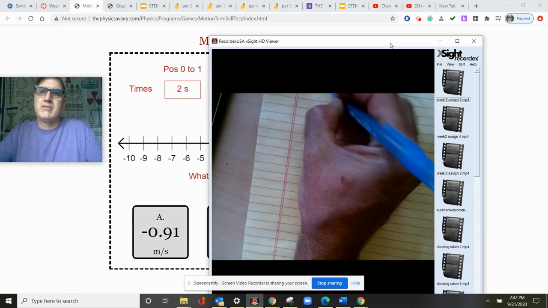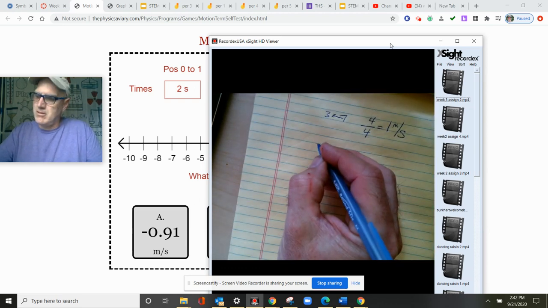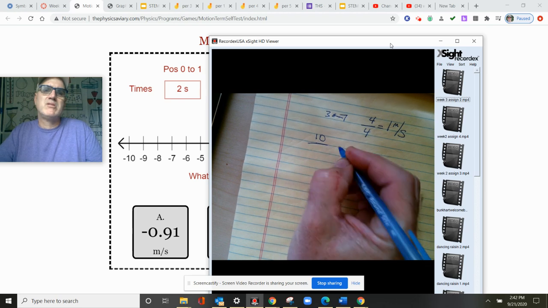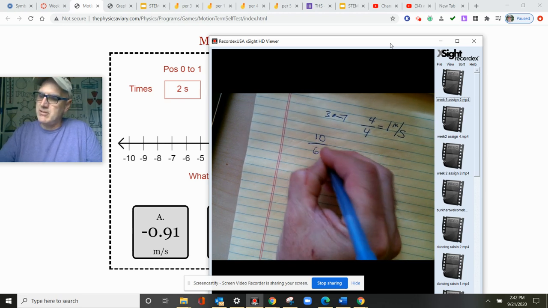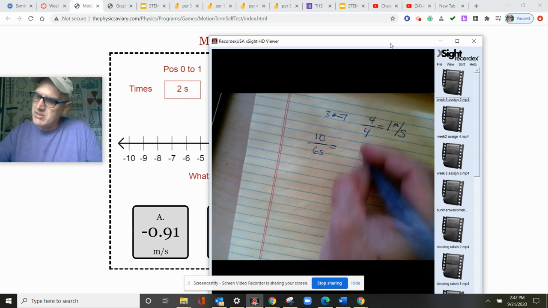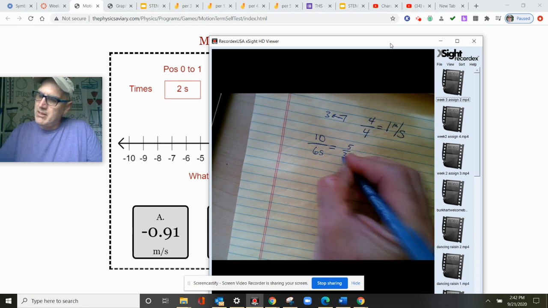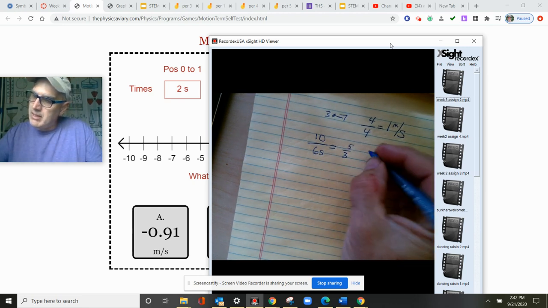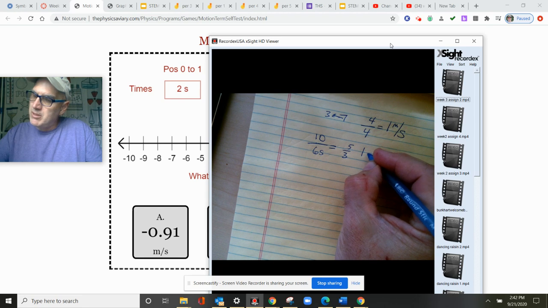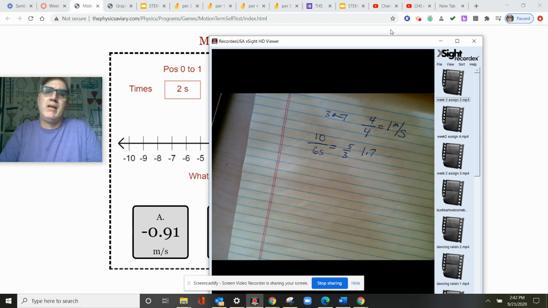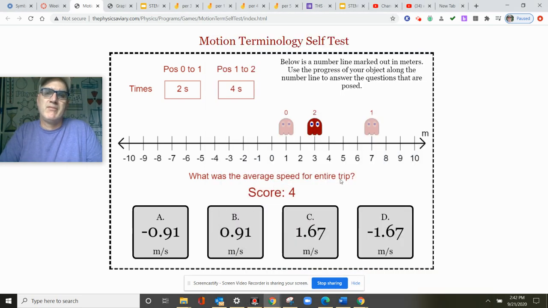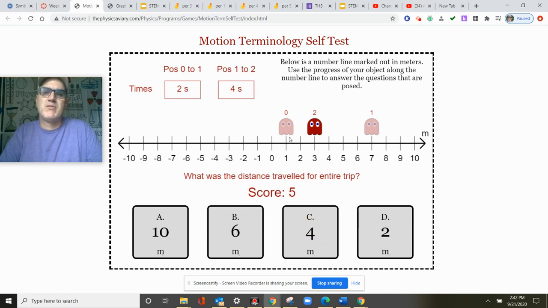So I traveled 10 units, and that took 6 seconds. So 10 divided by 6 is 5 divided by 3, which is 1 2/3 or 1.7. And its speed, so again, we don't have a unit. That's what's closest to 1. The distance traveled for the whole trip will be 1, 2, 3, 4, 5, 6, 7, 8, 9, 10.